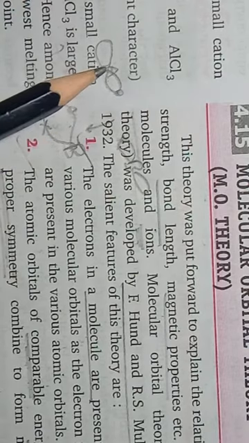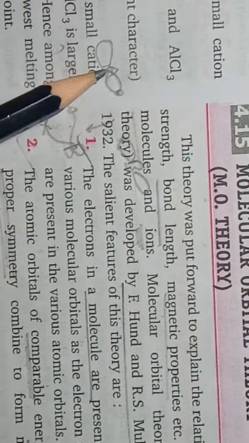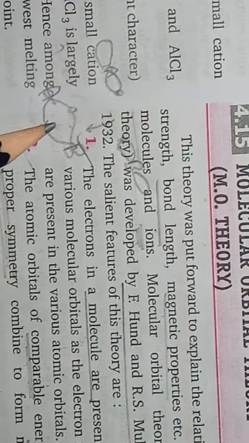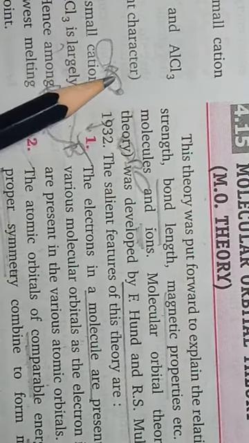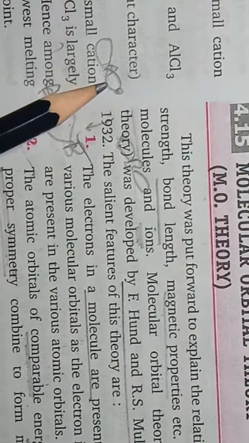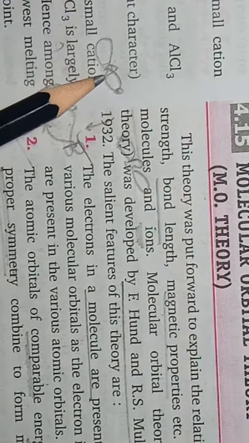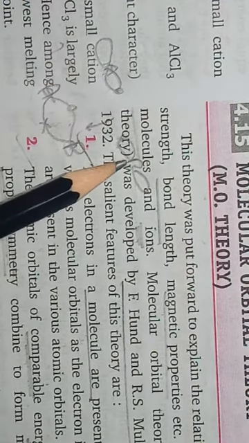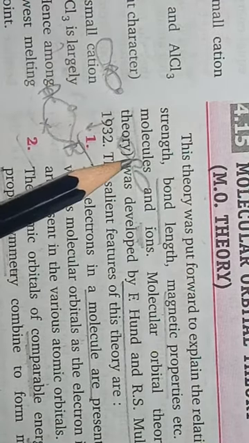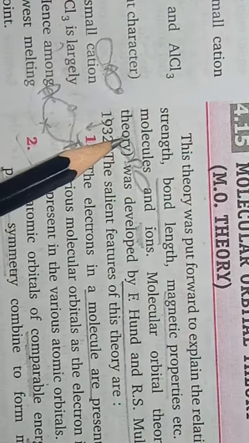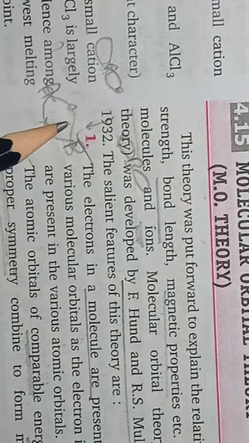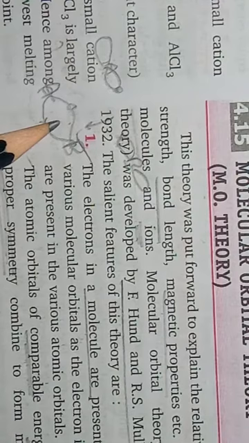All atomic orbitals of A can take part in bond formation, whether of the first shell, outermost shell, second shell or third shell. All atomic orbitals in any shell will take part in the fusion with atomic orbitals of B, and they will form resultant molecular orbitals.